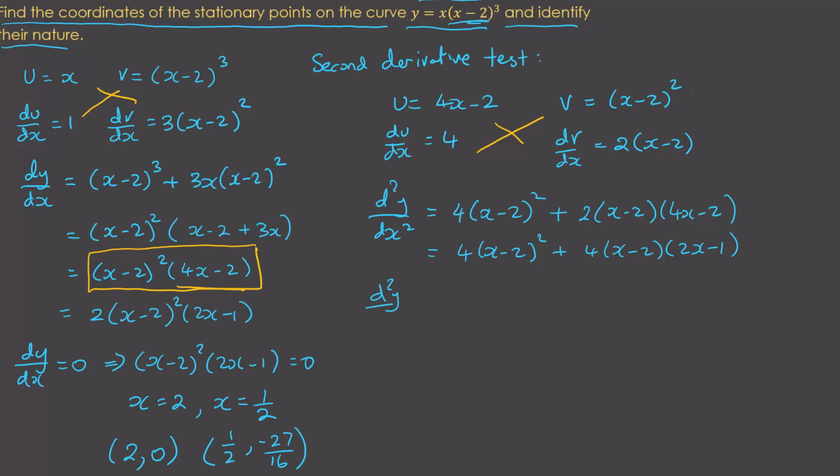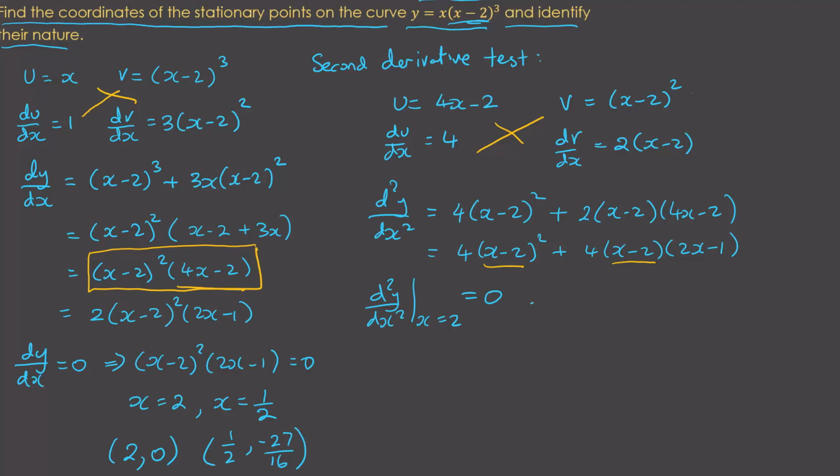So if we think about that when x equals 2, the presence of those terms means that that's just going to come to 0. So it's going to be 0, and therefore we get no further information from the second derivative test.